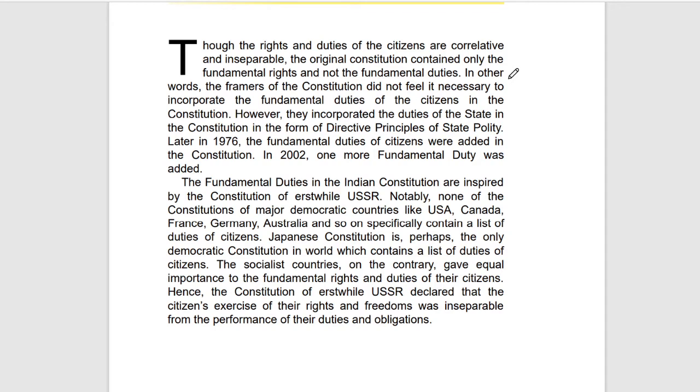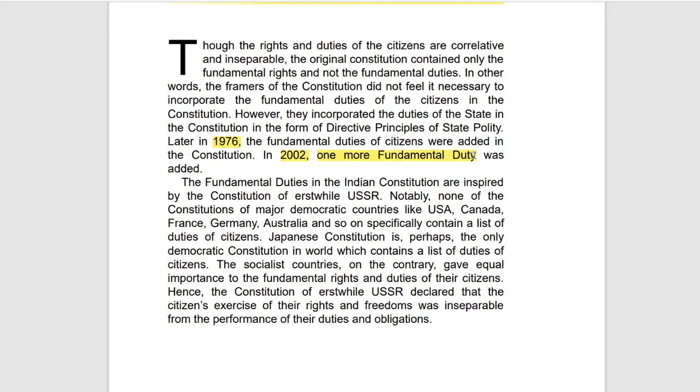So here I will just pick one sentence, that it was added in 1976. That means fundamental duties came into picture in 1976. And again, I will note here one thing, that in 2002, one more fundamental duty was added. All right.